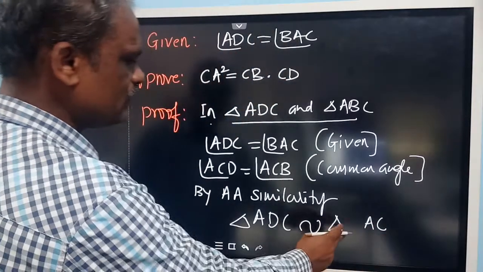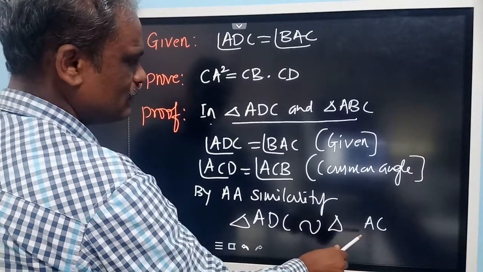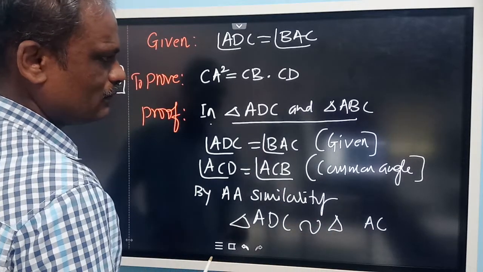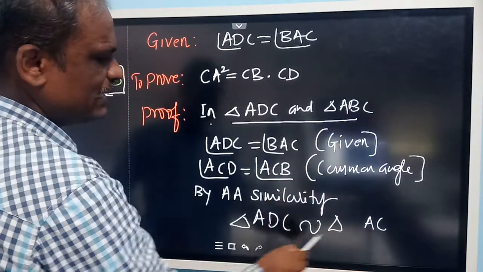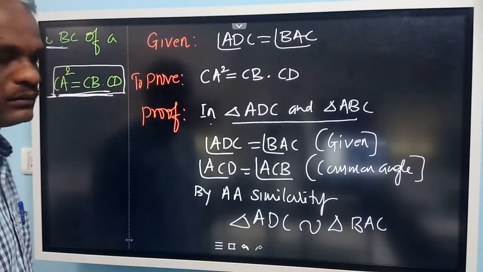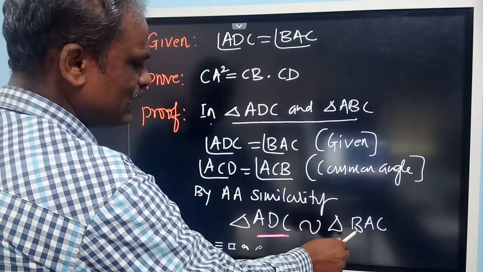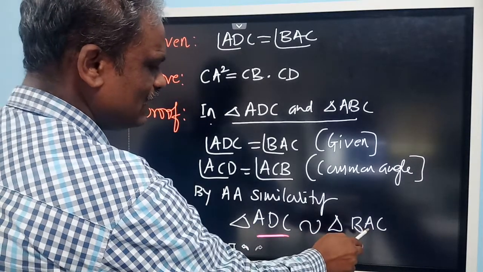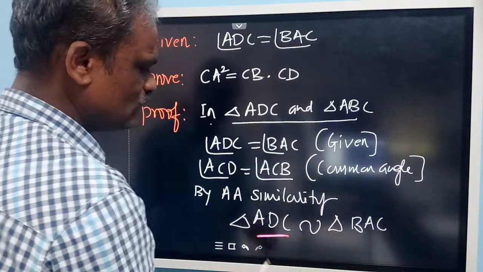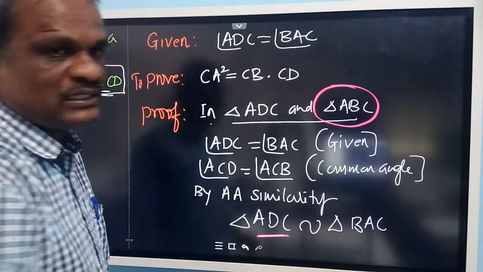What is left out here? You got two vertices, the third one left out is D. ADC is the triangle we have taken first. For D the corresponding angle is A only, for C it is C only. Then what is left in ABC? In triangle ABC, only B is left out.